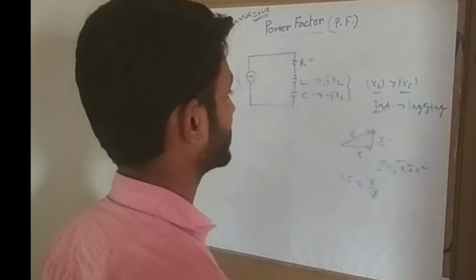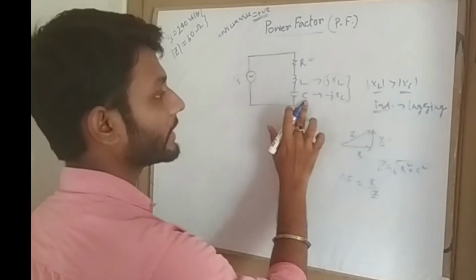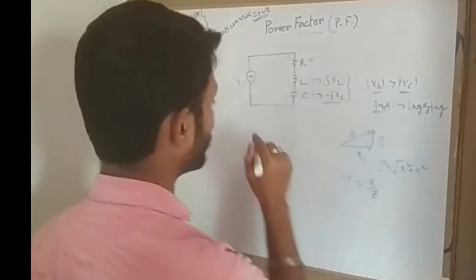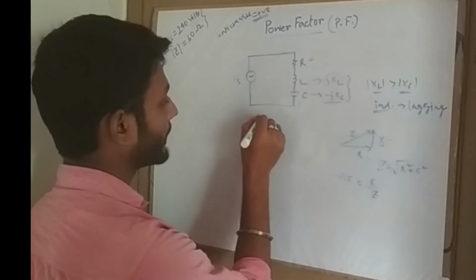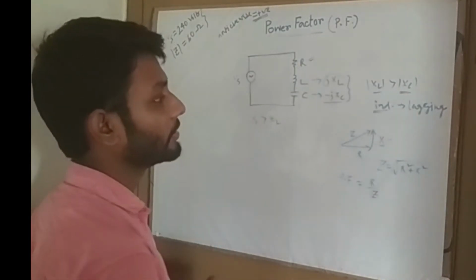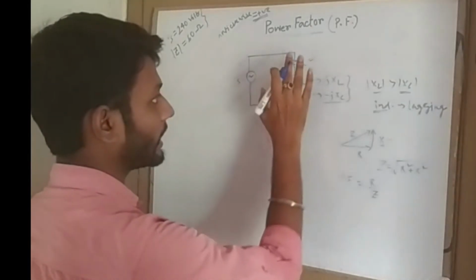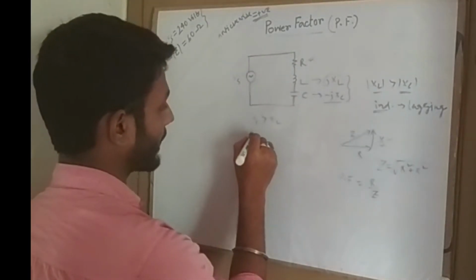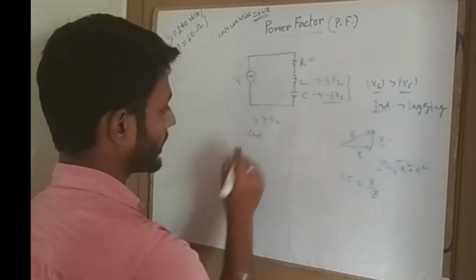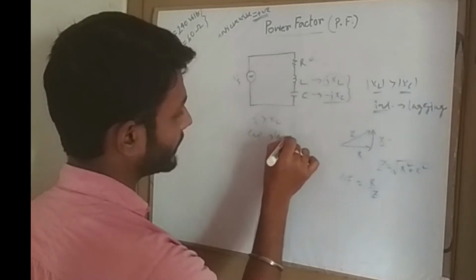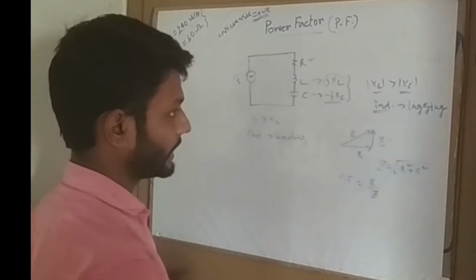Okay, now if we get minus jXC, that is mod XC value greater than XL value, then we will say the load is capacitive in nature. As this is capacitive in nature, the power factor will be leading in nature.